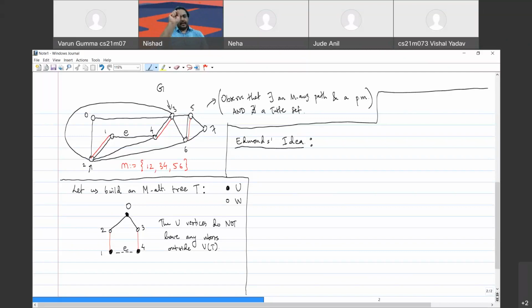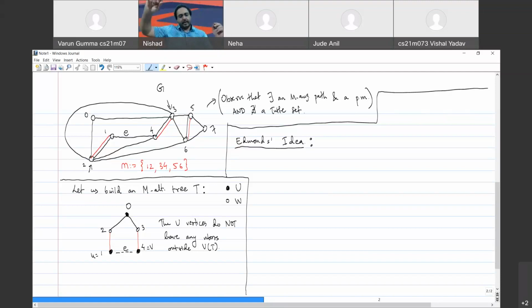Observe that the tree plus the edge E will have a unique cycle. If you take a tree and add one more edge joining 2 vertices of the tree, there will be a unique path joining the 2 ends of the edge. So if the edge E is UV, then in the tree you will have a unique path joining U and V, and that path along with the edge will give you a cycle.